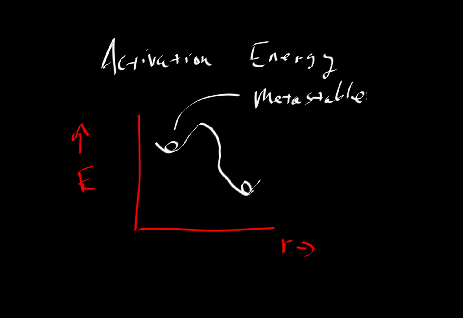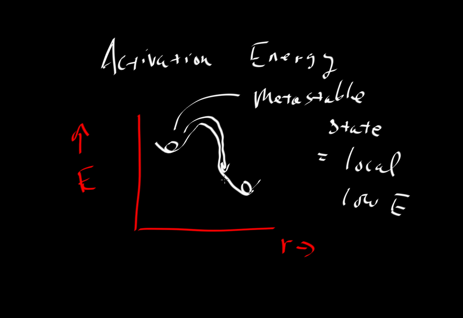This is very important. This metastable state is an area of local low energy. It's not the lowest energy in this system. If sillimanite can somehow find a way to make its way over that energy barrier, then it will happily transform into kyanite. But here, we've drawn it very specifically to show that there can be a little minimum in this energy well, and that energy well can represent this metastable state.